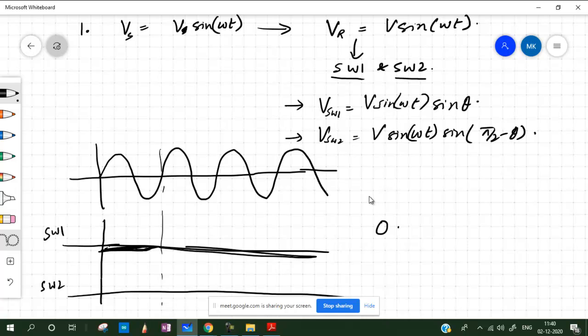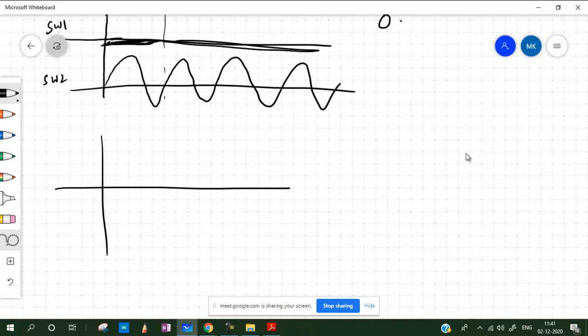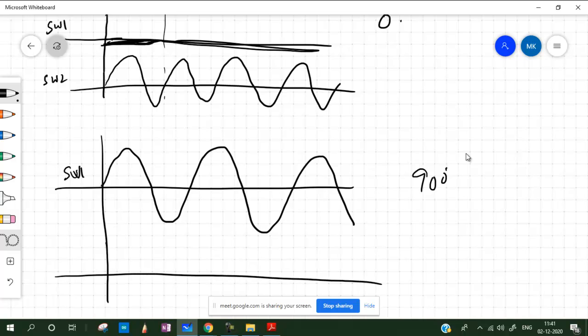And this SW2 will be in phase with this, so the same signal will be almost reproduced. And if we have, let's say, 90 degrees, if the reference signal was the same, SW1 will now reproduce the original reference signal if the transformation ratio obviously is the same, and SW2 will have a 0 output.